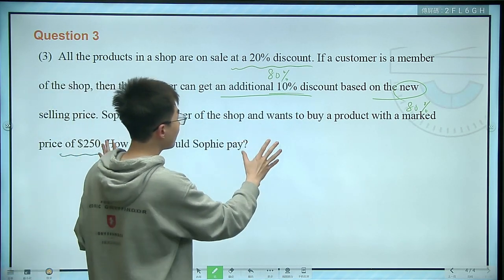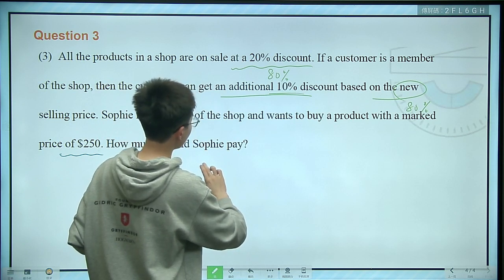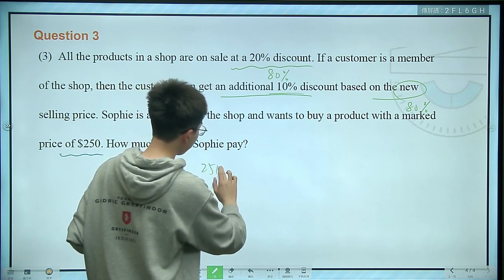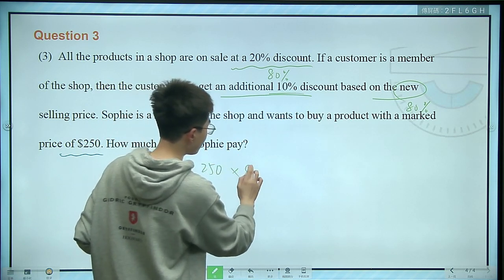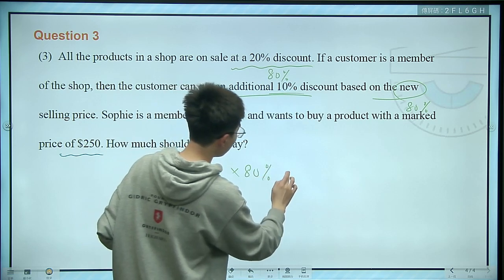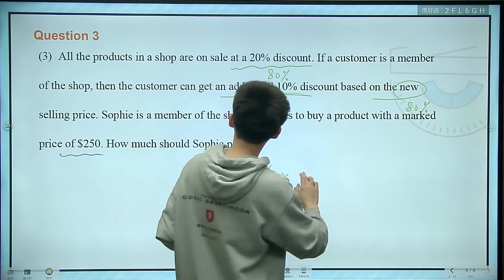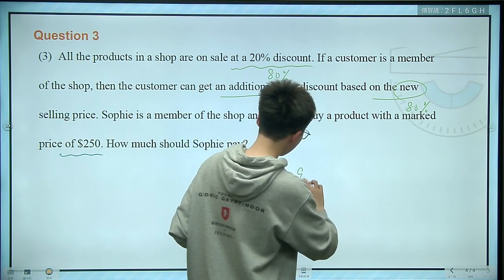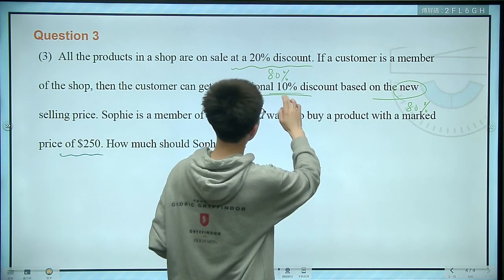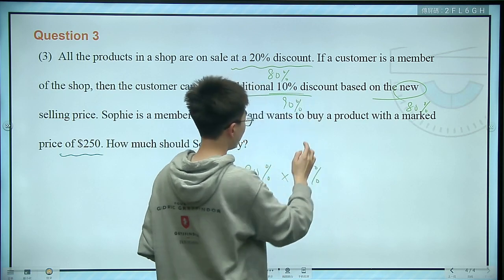If I write down the calculation process, it will be 250 times 80%. And then on this new selling price you get an additional 10% off, so it will be 90%.